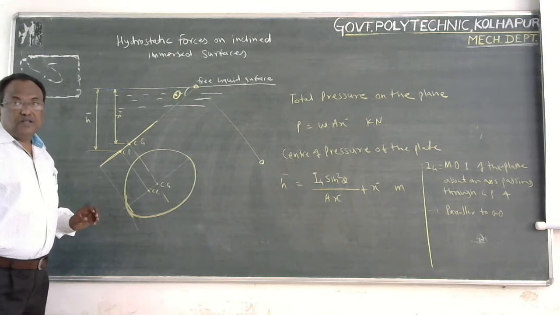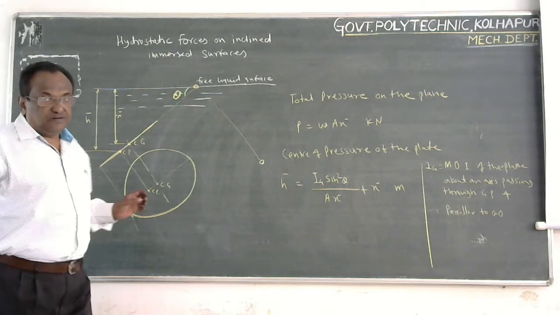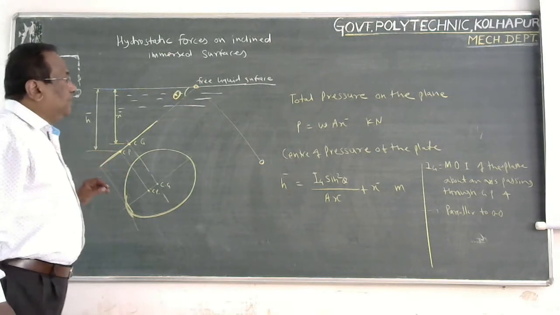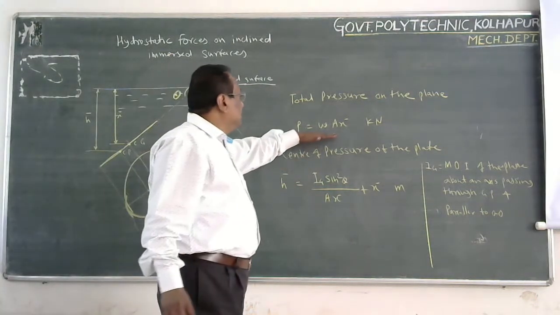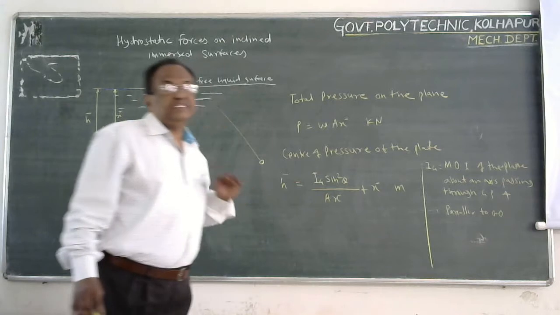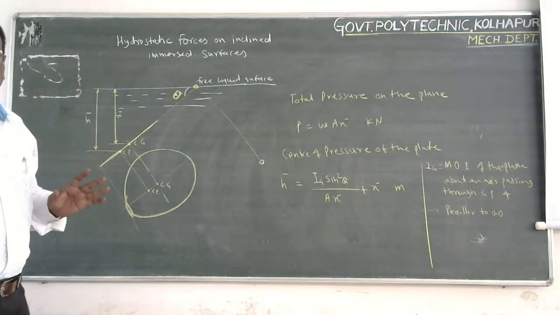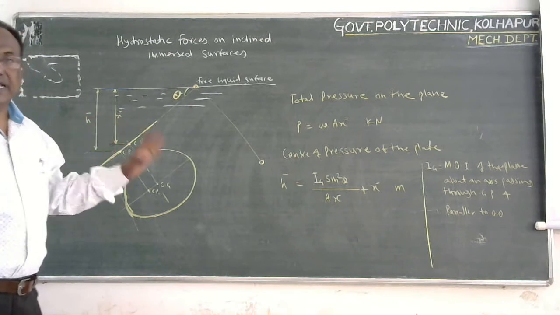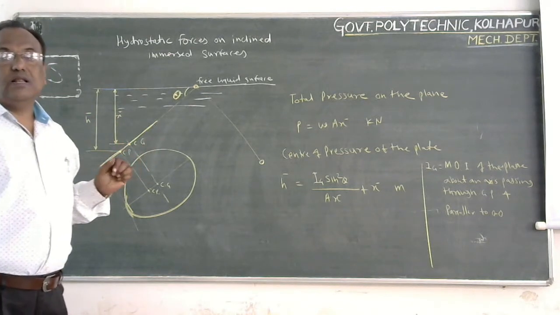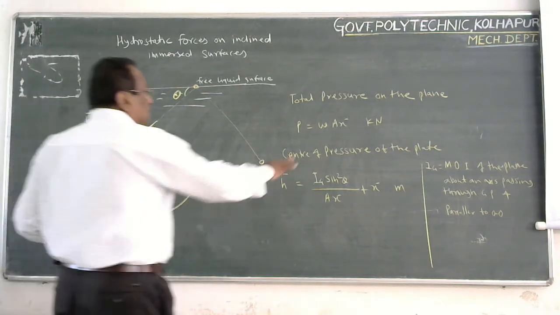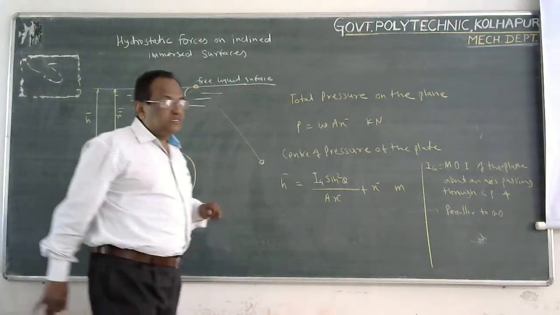The total pressure acting on the plate due to this liquid is given by the formula w A x bar. It is the same for horizontal as well as vertical and inclined surfaces. The total pressure on an immersed surface, the formula is the same.